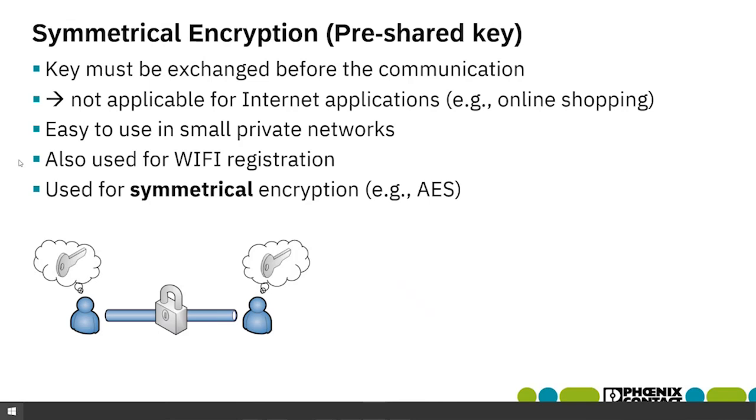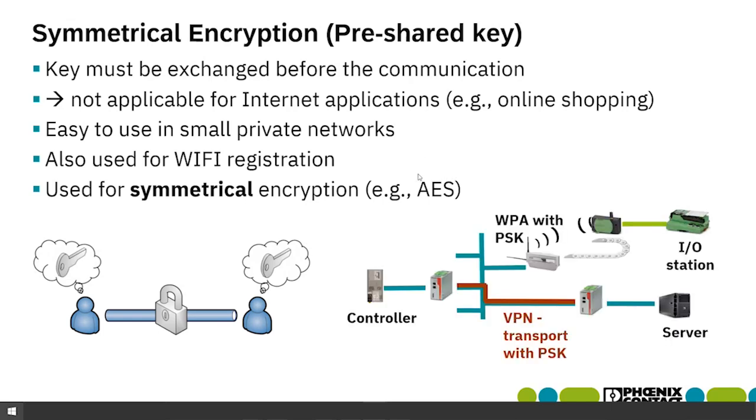The difficulty here, of course, is if they are not in the same location, but in different countries or something, to distribute the key in a secure way. So this is the challenge, and this is why it's usually used in small private networks, local networks like Wi-Fi and so on. You see typical networks, Wi-Fi network or VPN in transport mode.